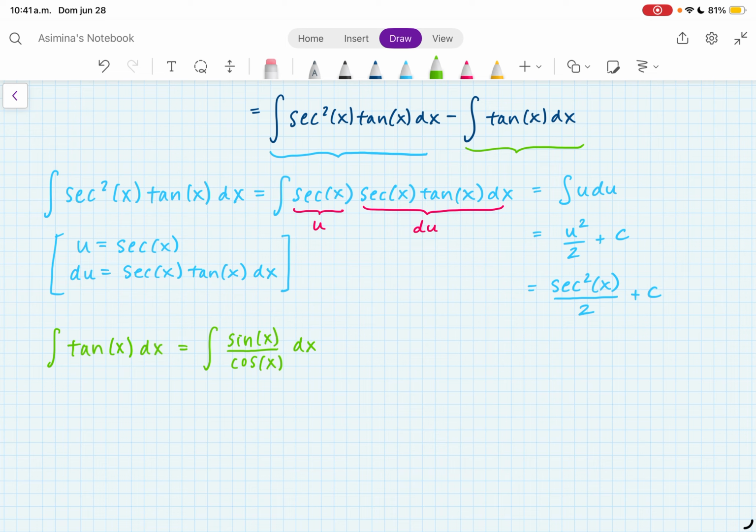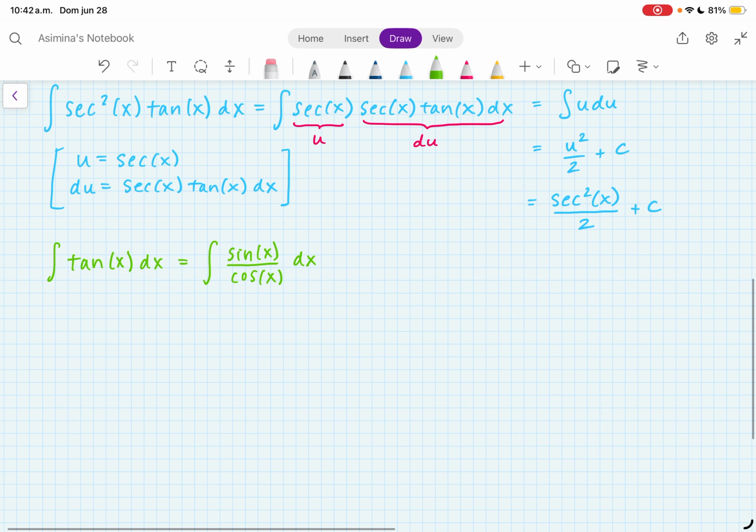And what do I know about sine and cosine? Well, they're derivatives of each other up to a minus sign. So I'm going to let u equal cosine. If u is cosine, then what is du? It'll be negative sine of x dx.